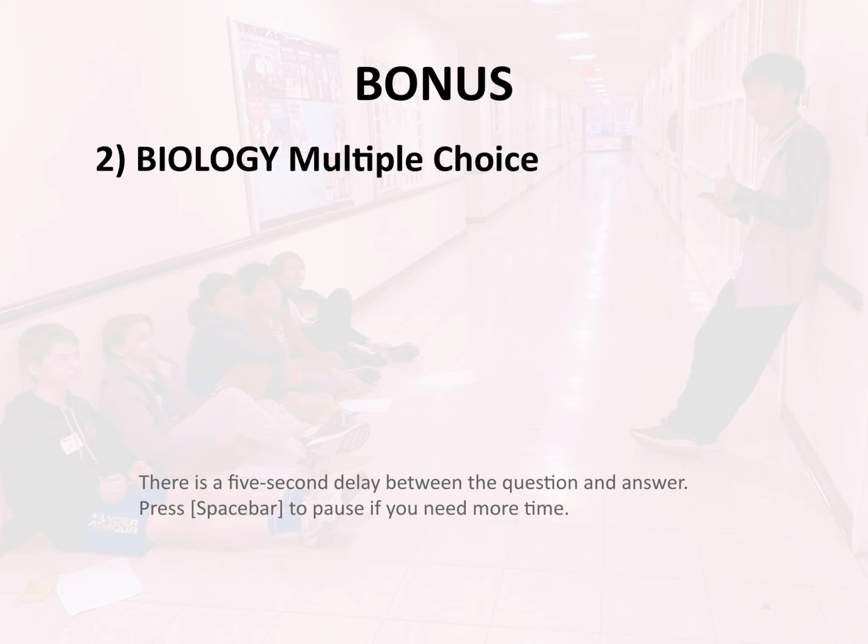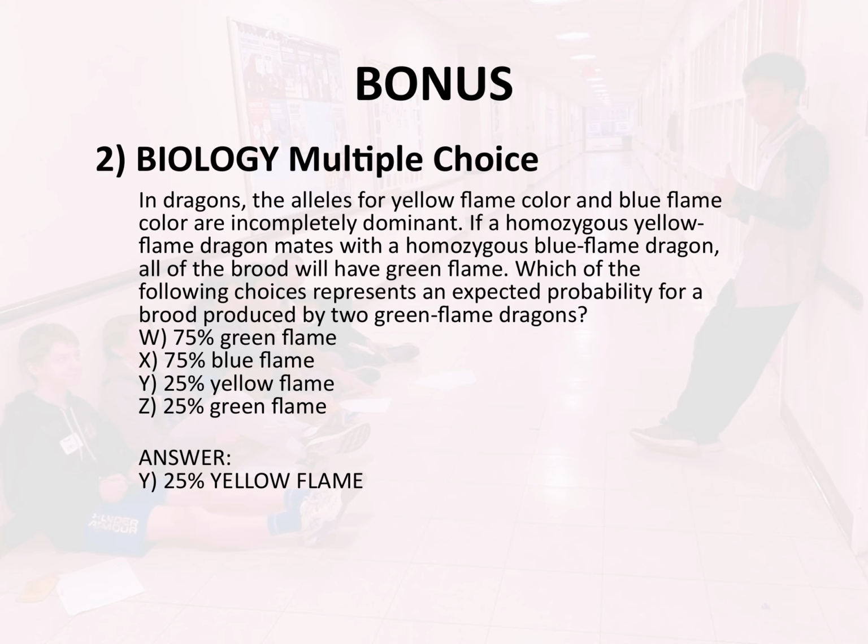W. 75% green flame. X. 75% blue flame. Y. 25% yellow flame. Z. 25% green flame. Answer: Y. 25% yellow flame.